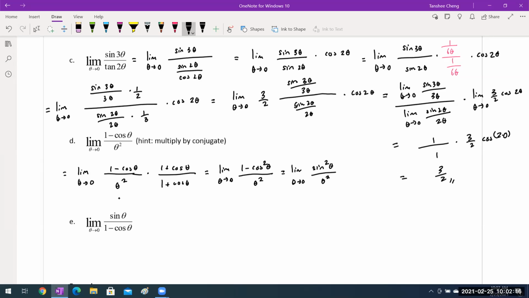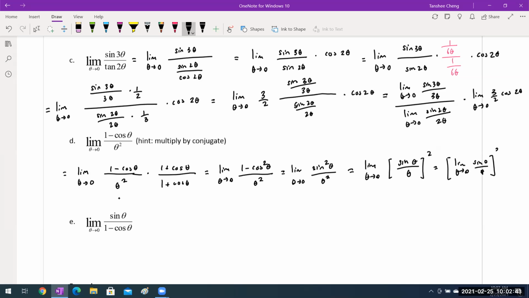So now I can rewrite this as the limit as theta approaches 0 of sine theta over theta, quantity squared. And according to the limit laws, the limit of sine theta over theta, quantity squared, is 1 squared, which is equal to 1.